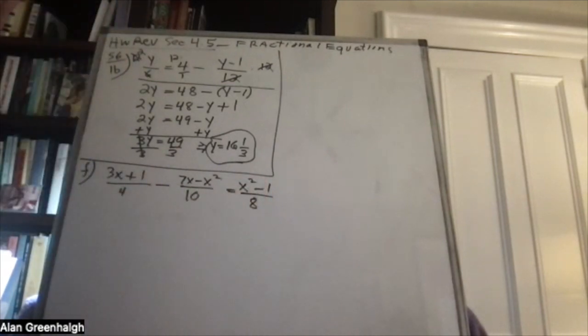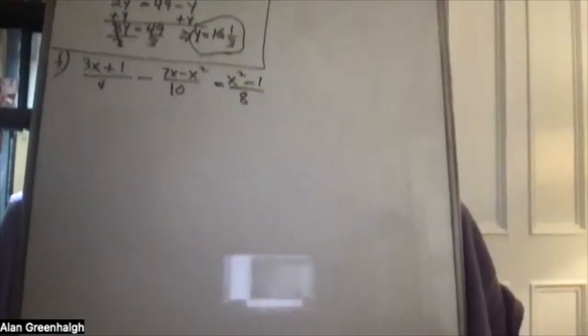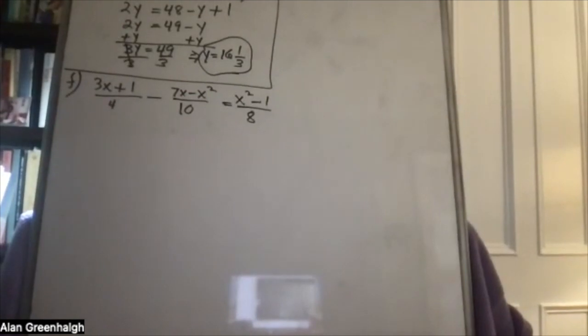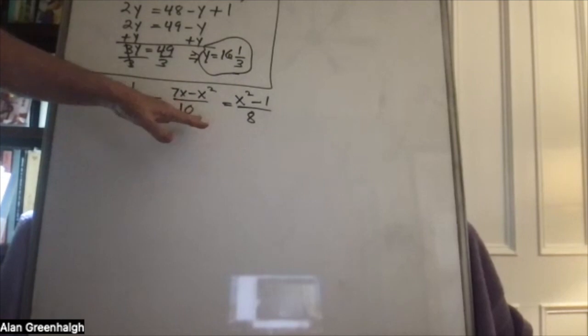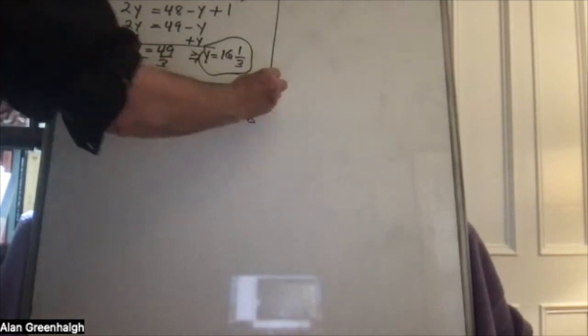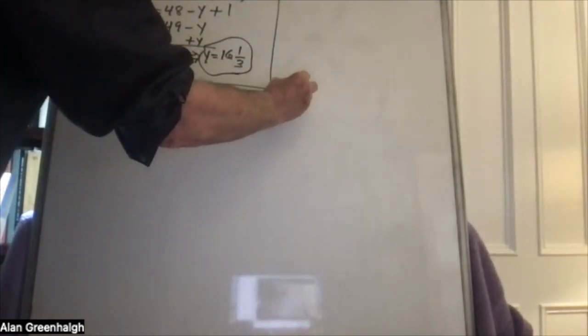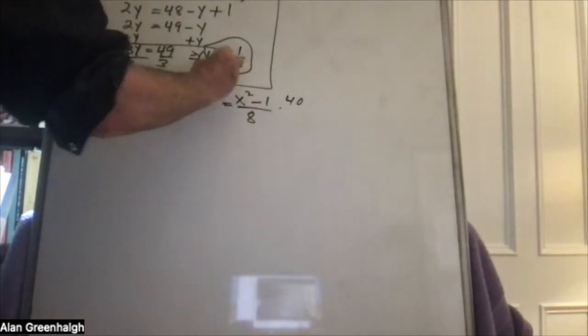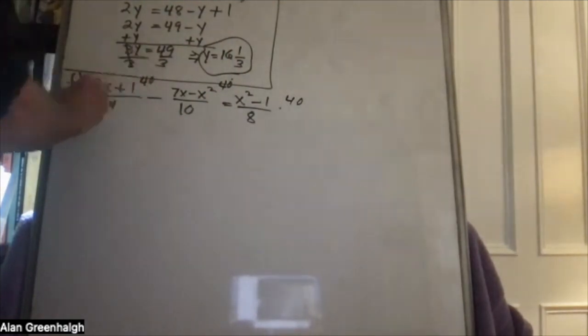So the least common denominator, least common multiple, I should say. We're not using it really in the context of a least common denominator. Least common multiple is a number that everything will go into. So it's not going to be 20, it'll be 40. I think 40 is the least common multiple, right? So 40, 40, and 40.